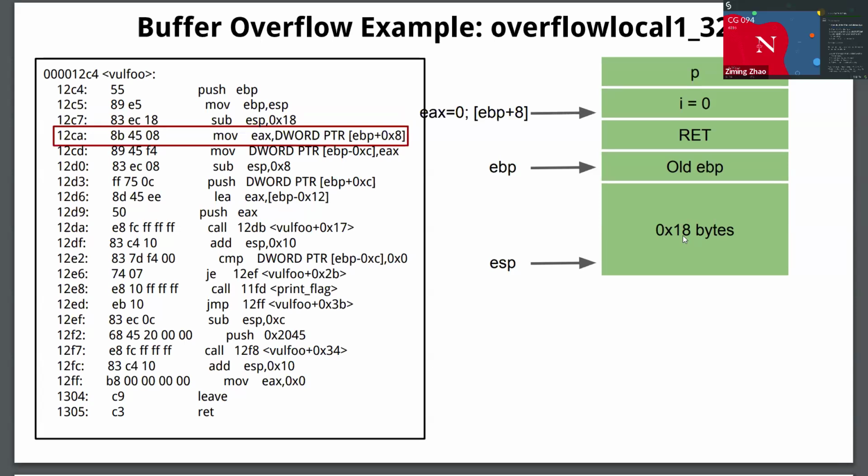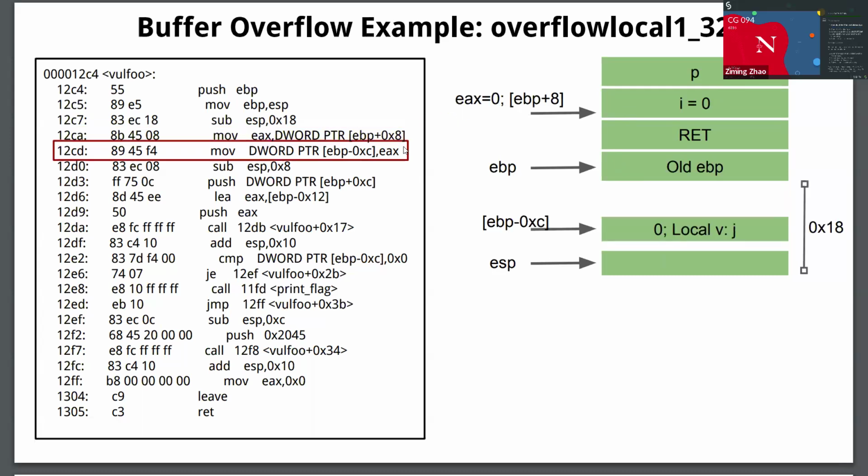Now we move EBP plus 8 to EAX. What is EBP plus 8? The first argument. Yes, EBP plus 8 is the first argument. We move that value, which is 0, to the register EAX. So now register EAX has a value 0.